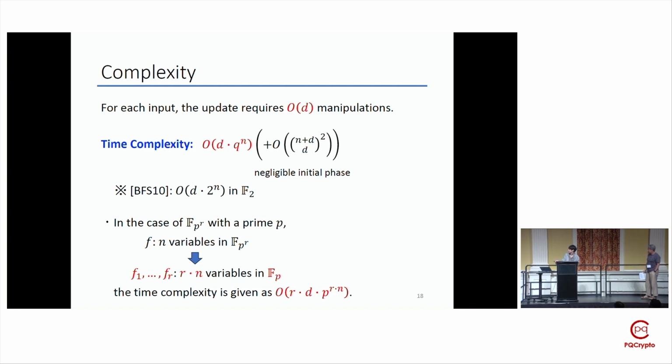Do you mean the complexity of it over F_p^r? Yeah. Okay. This is computed by naturally substituting r times n and p into the above complexity formula. Okay, sorry.